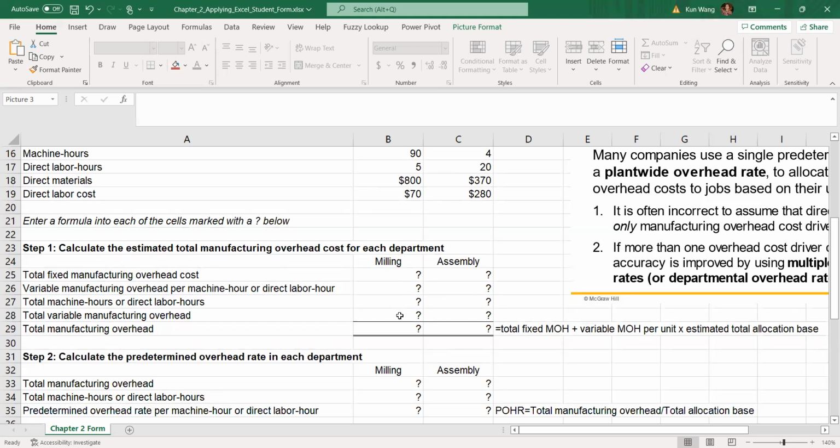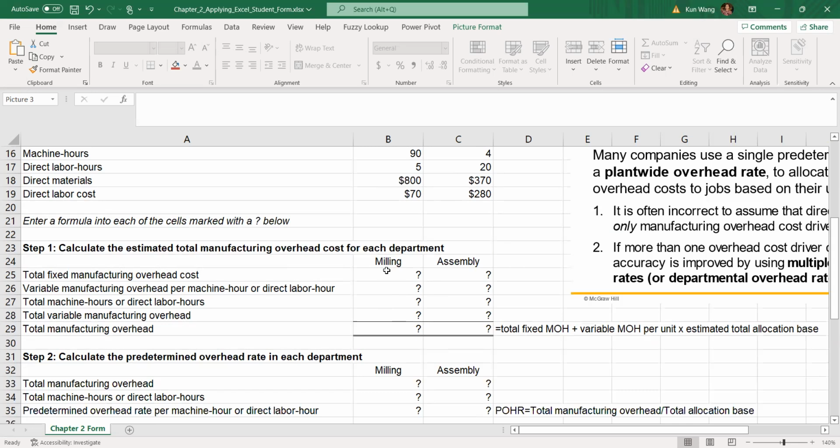Okay, so let's do this. I will do one of them, and then we can copy and paste to the other column. And this type of assignment also helps us to enhance or practice our Excel skills.